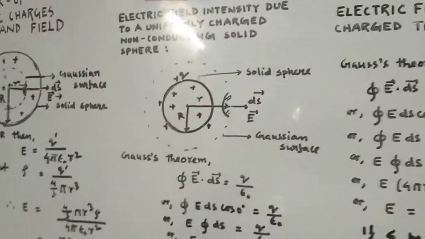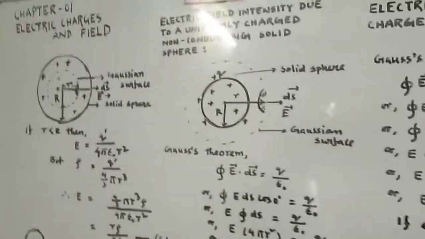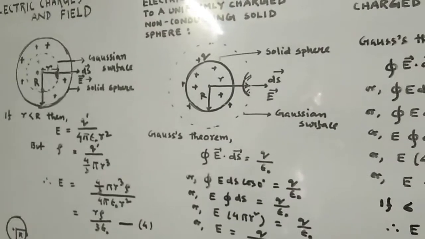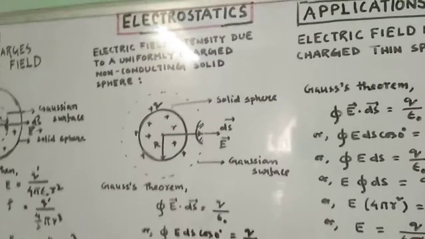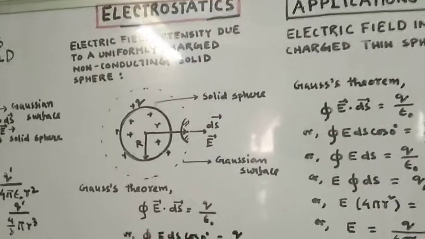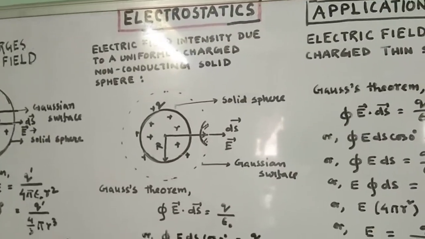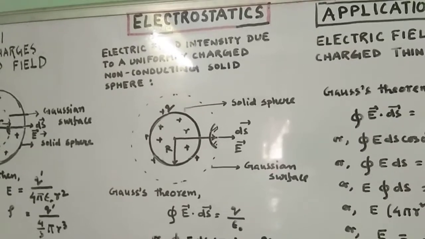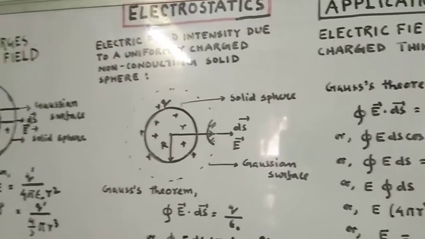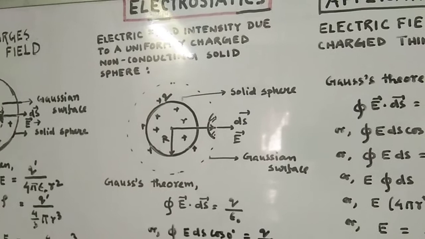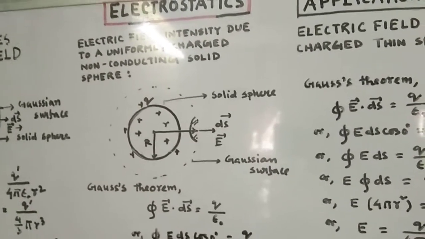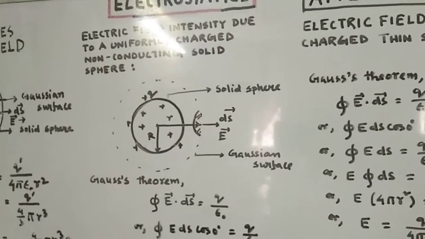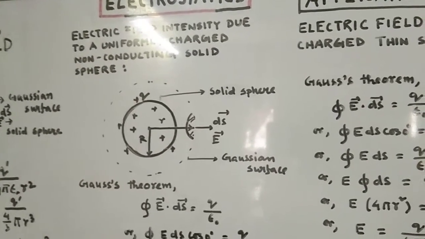So here also, you have to consider this one as your solid sphere. Now what is the difference between a solid sphere and a spherical shell? In a solid sphere there is material inside the sphere, but in a shell there is no material, it is hollow. So definitely the charge resides inside the material of a solid sphere.